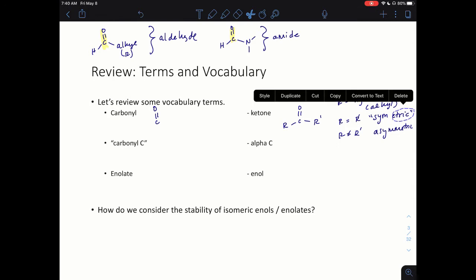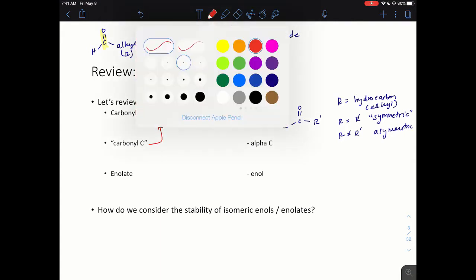All right, let's look at some specific terms here. So let's take a look at the alpha carbon versus the carbonyl carbon. I have mentioned many times that the alpha carbon for a given functional group varies from functional group to functional group. So the carbonyl carbon for a ketone is the one double bonded to oxygen.